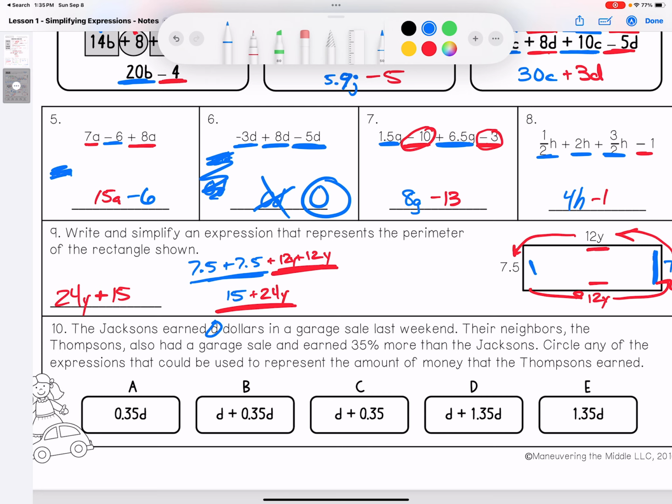They earned 35% more. So whatever the Jacksons earned is D. We want to know the amount the Thompsons earned, because they earned what the Jacksons earned plus 35%.